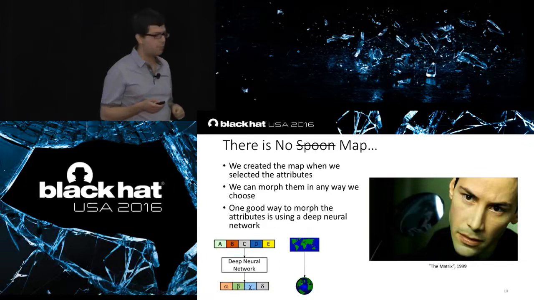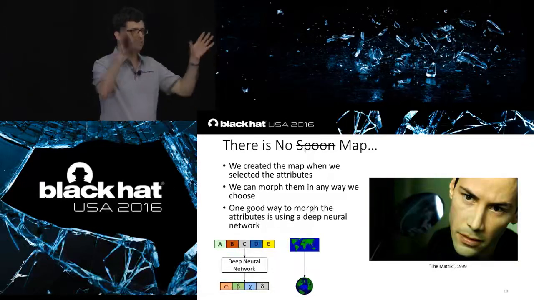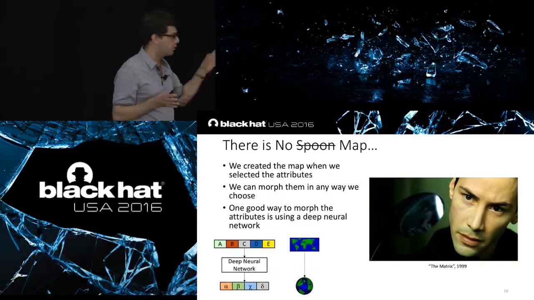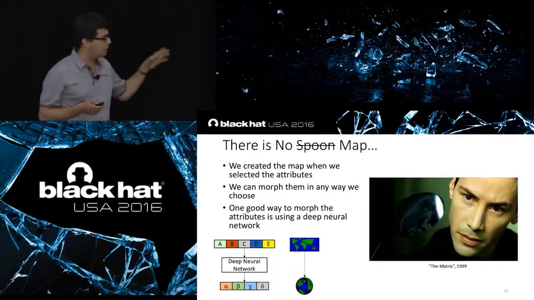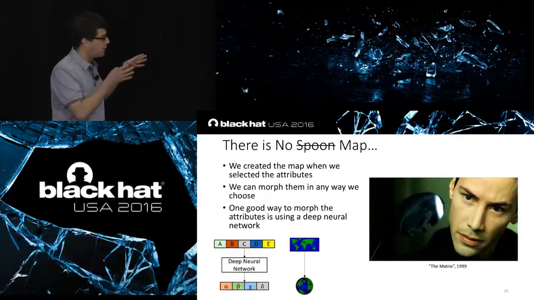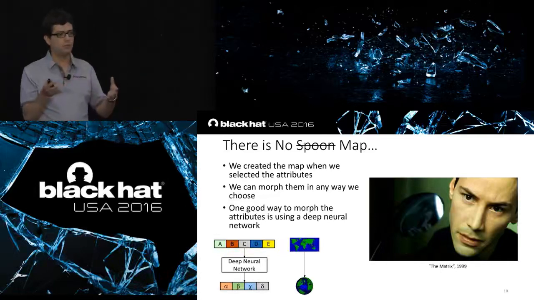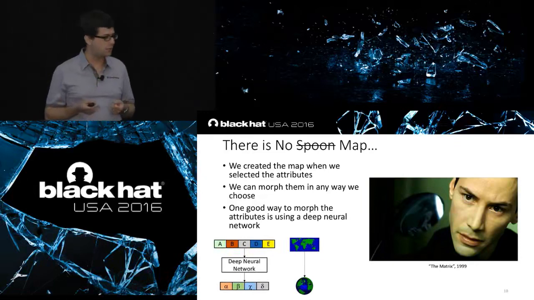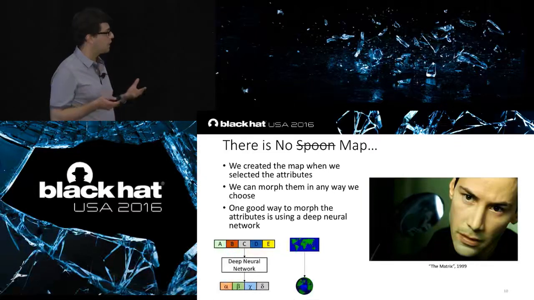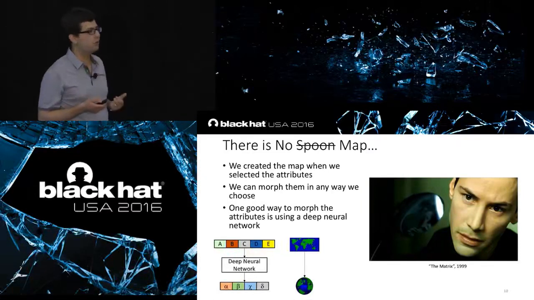Imagine a two-dimensional map of the world. The distances between cities don't make too much sense depending on where you are on latitude and longitude. But after we do this, it becomes a globe where everything actually makes sense, where the distances are consistent. That's the hope. This is what we want to achieve.